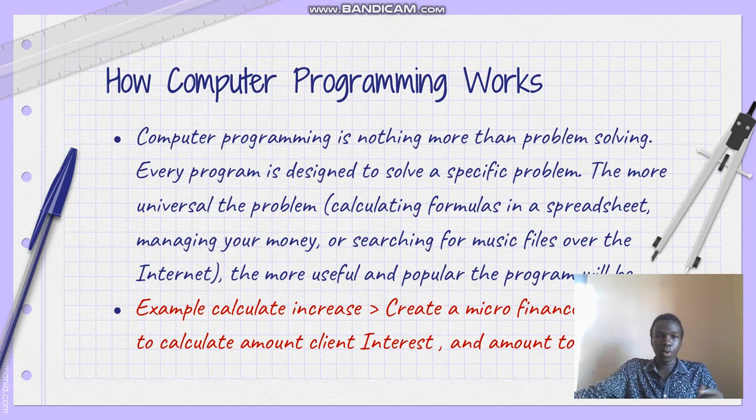He wanted to help people connect more in different areas, so he decided to create Facebook. And another guy created WhatsApp, Excel, even PowerPoint, even this recording software I'm using right now. All these people saw problems, and then they came in to solve them. So every program is designed to solve a specific problem.